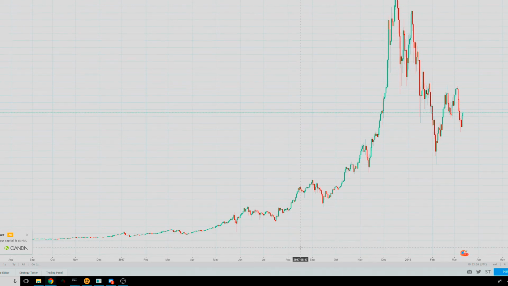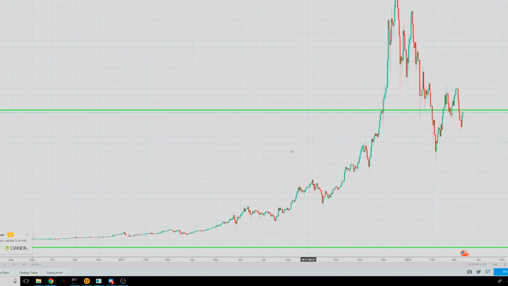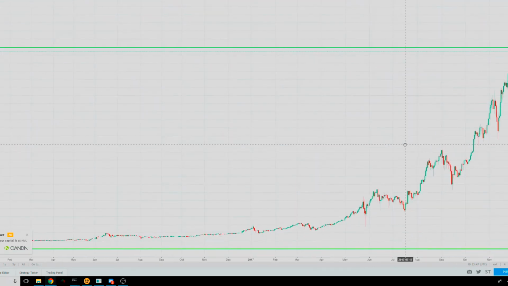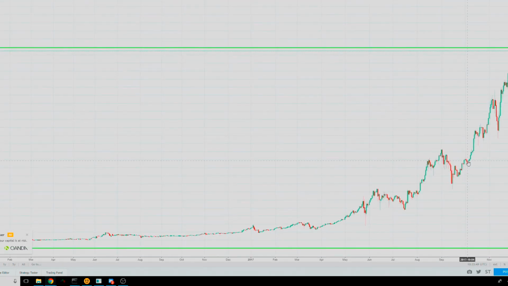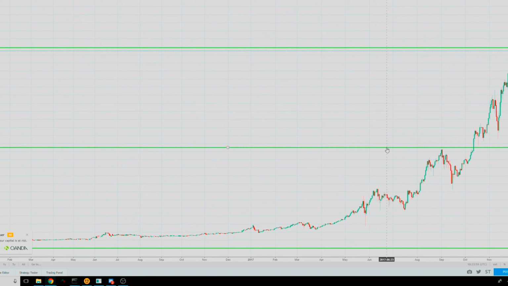So if we set our prices at roughly 0 and 10,000, that means 5,000 is your 50% line. As the market comes down and up, it will buy and sell dependent on that, so it will try and keep you at the correct percentage.